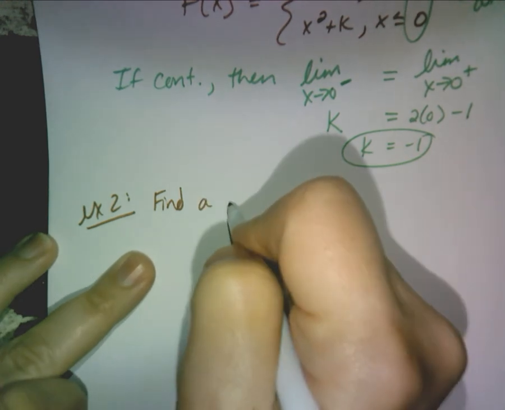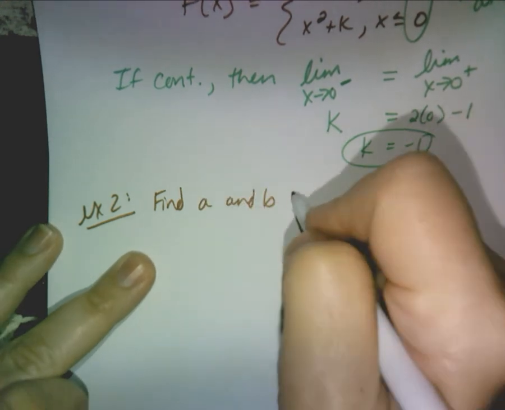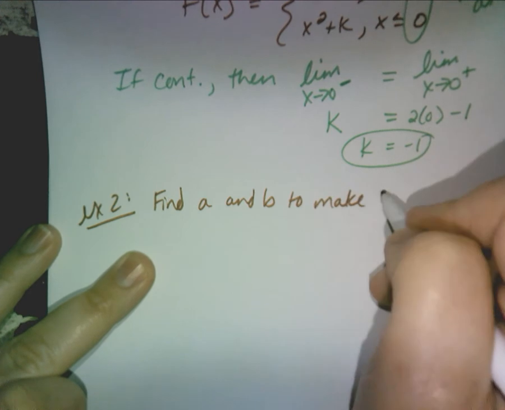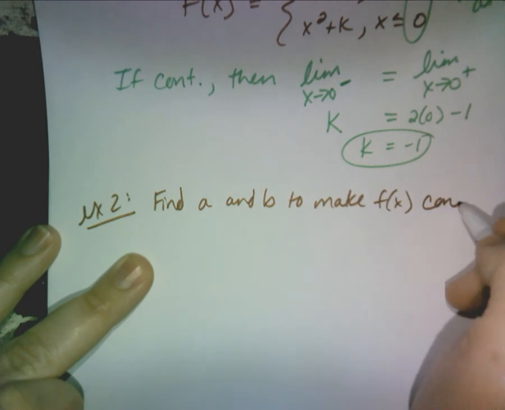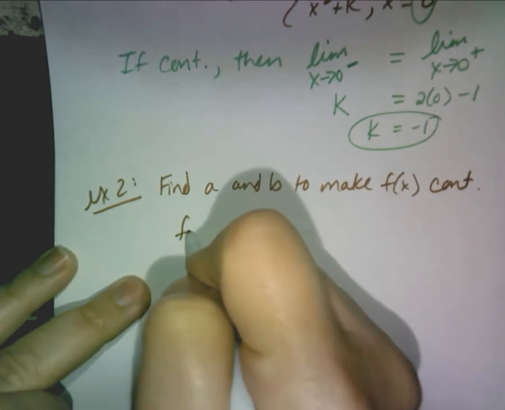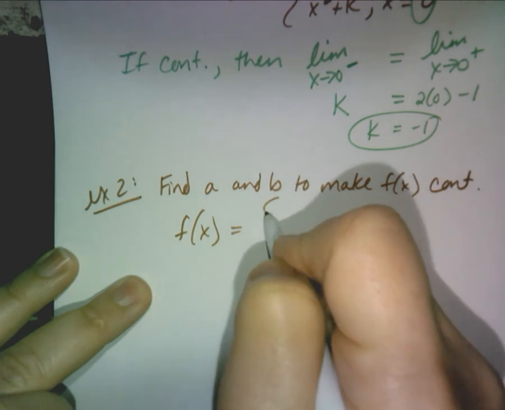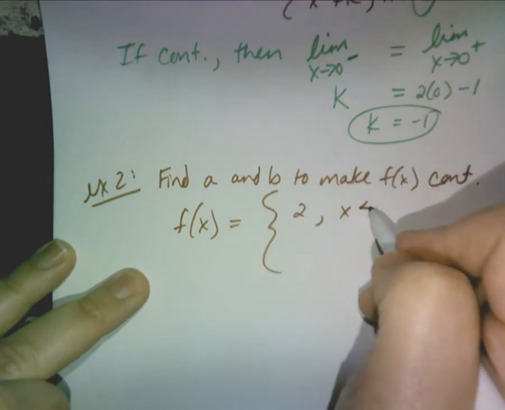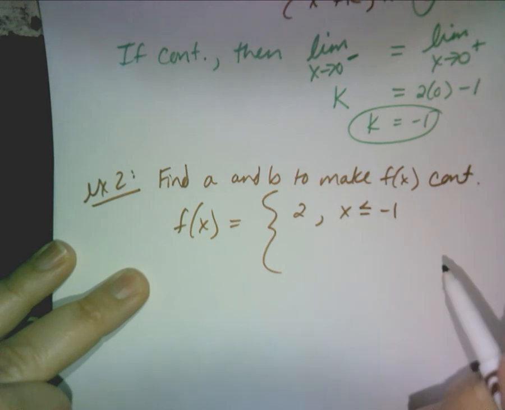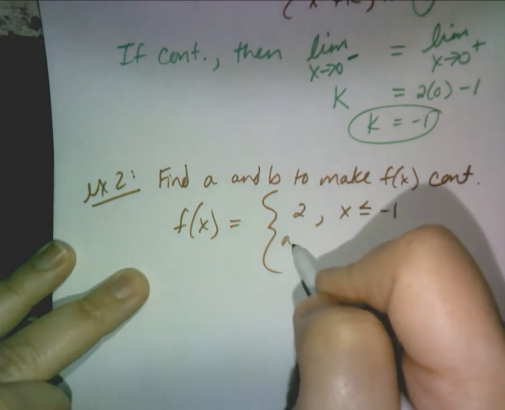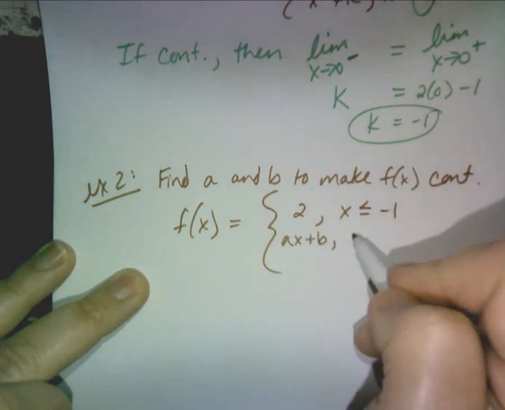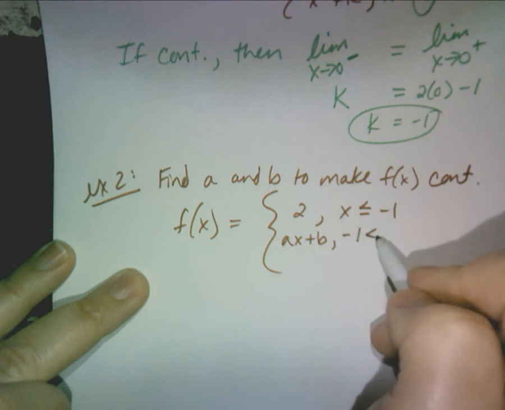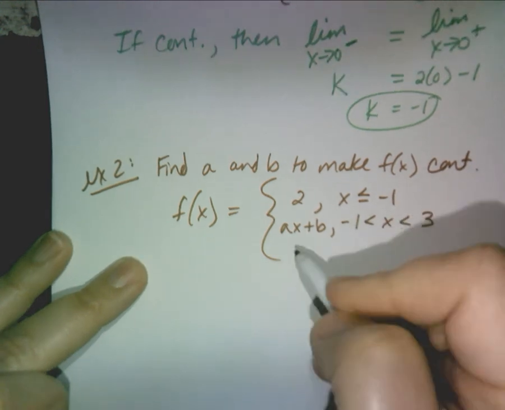We're going to find a and b to make the function continuous. And this time it's 3-piece. 2 such that x is less than or equal to -1. ax plus b such that -1 is less than x is less than 3.